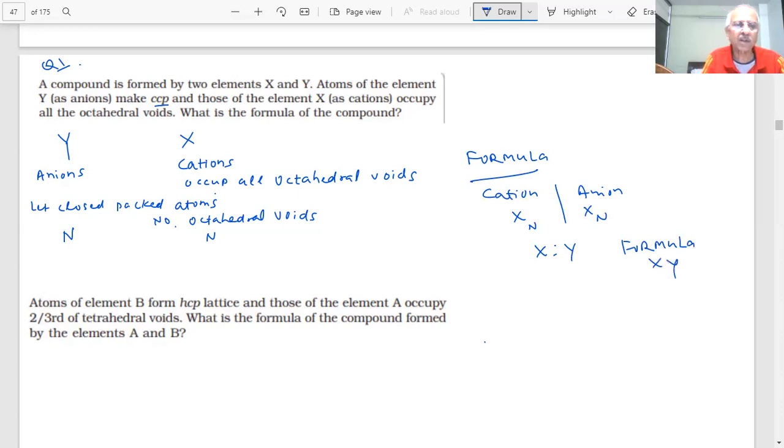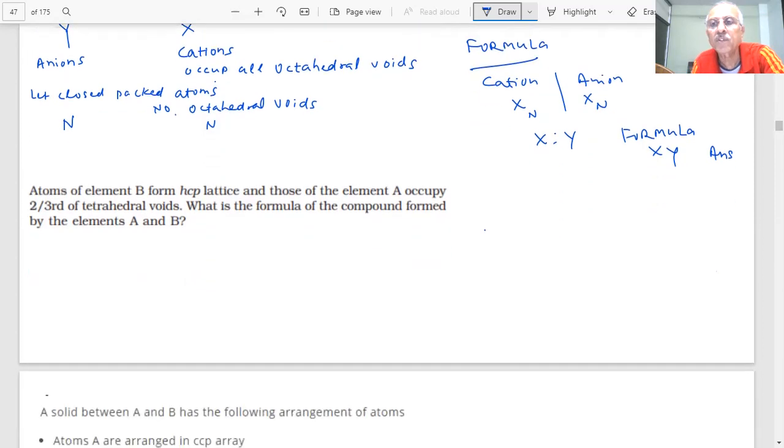The answer is XY. Any doubt? If you have doubt, you can ask me, because the question is going to be there in the paper. They ask questions in the paper to find the formula of the compound. Okay, then question number 2 on the screen.